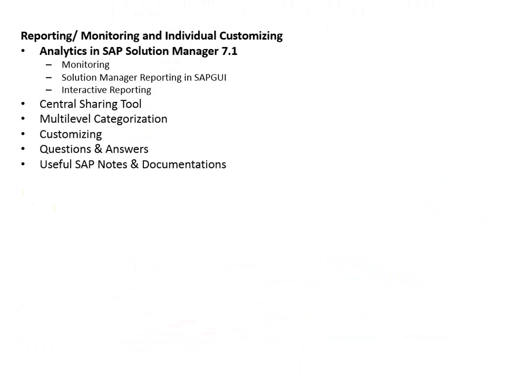We need to take a monitoring look at each and every change request. And once it is waiting for approval for the CAB meeting, we have to run the report in the CAB meeting from the solution manager to get approval from the CAB meeting. So these are the well-organized reports. We have to enable them in the solution manager based on the organization process.